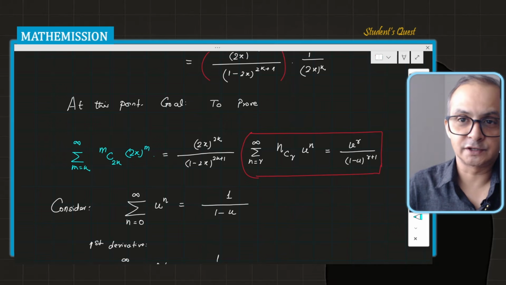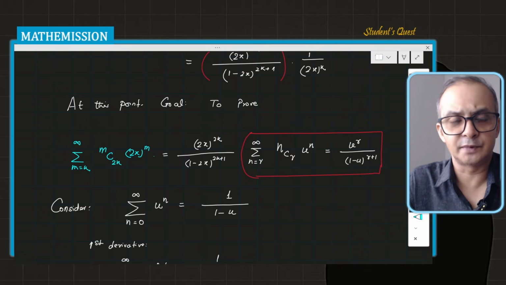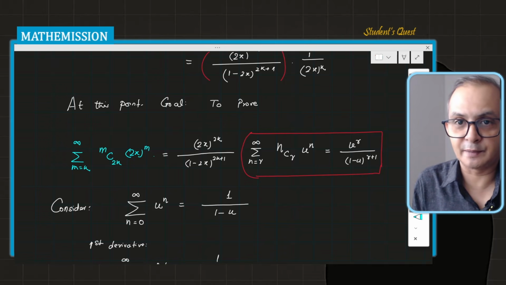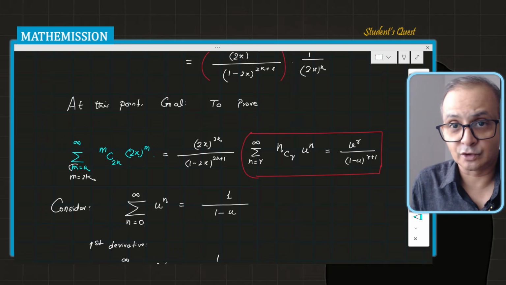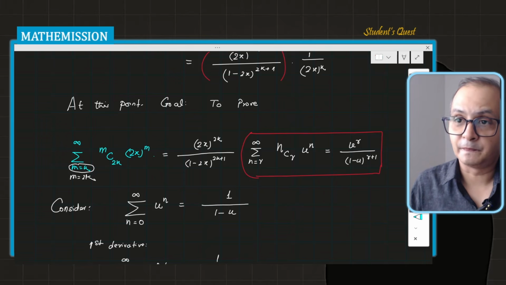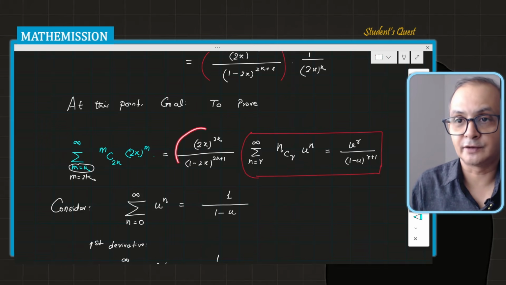So k is of course lesser than 2k. And so if you start m with k, next will be k plus 1, then until we reach 2k, all the terms will be 0. So technically this is nothing but m is equal to 2k. Still, when you are writing m is equal to k, it is m starting from 2k. So therefore this formula is correctly fitting there to use, and so we can write this thing.